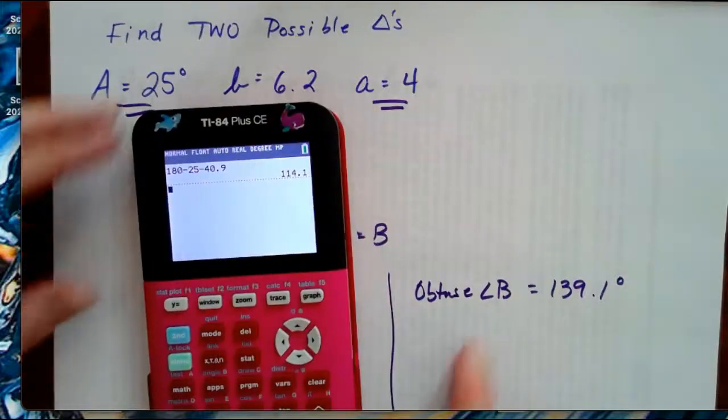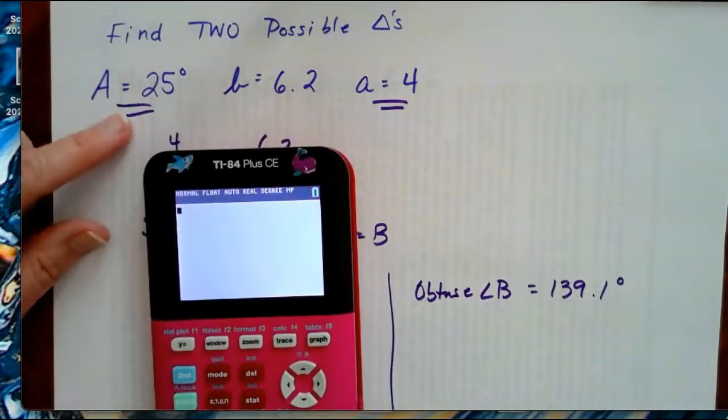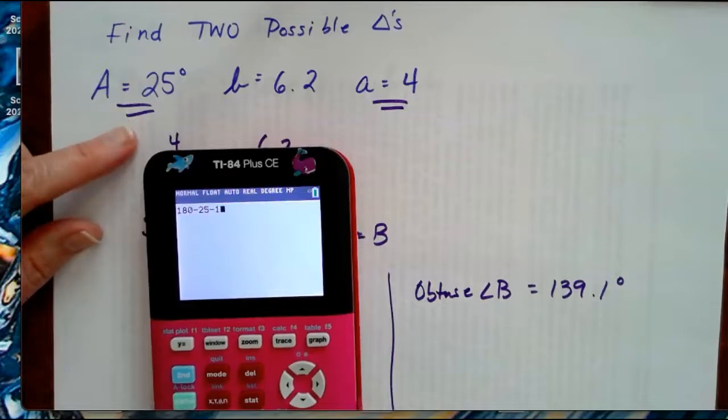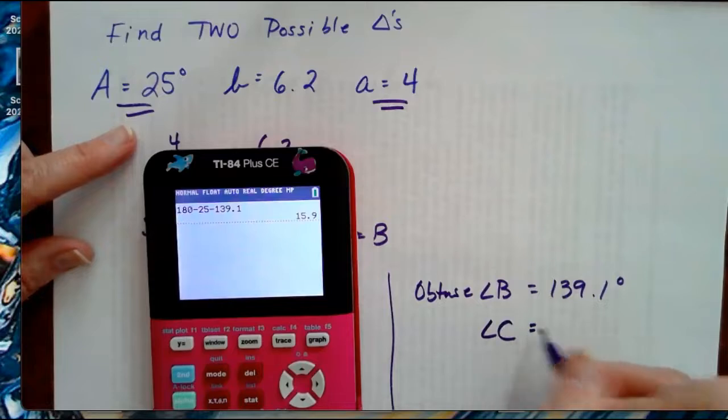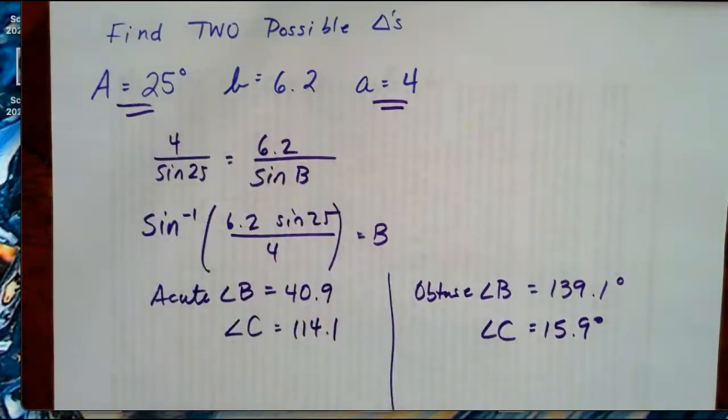And then flip over to obtuse angle B. Remember, angle A is fixed, so 180 minus 25 minus 139.1 means that angle C will be a little tiny 15.9.